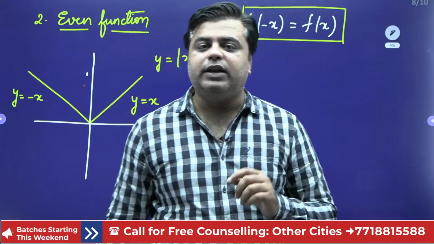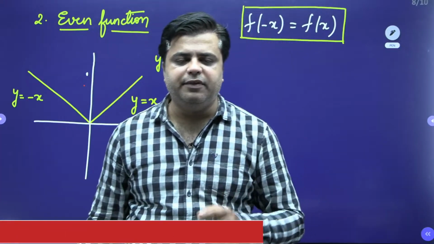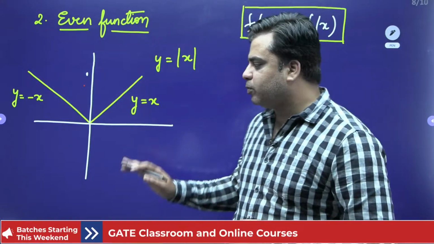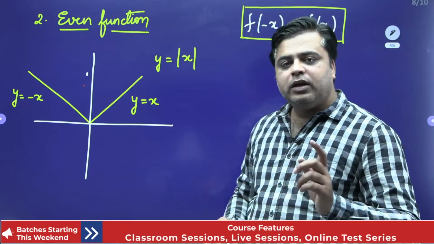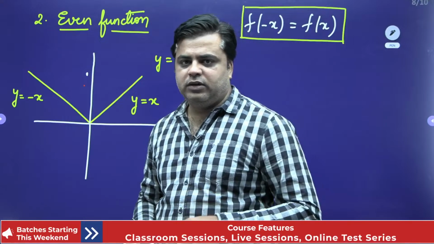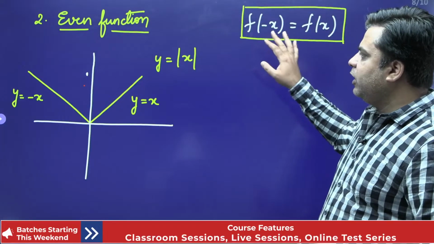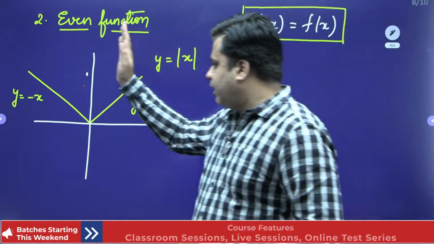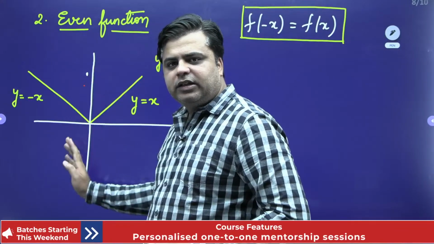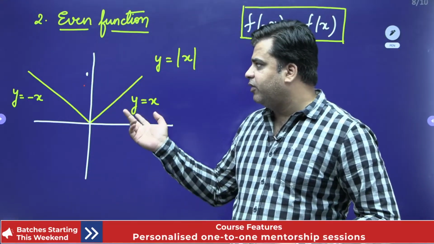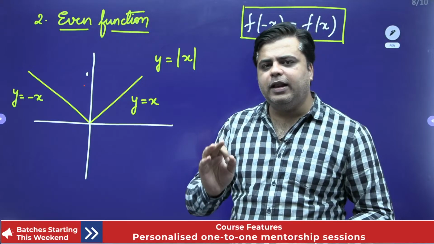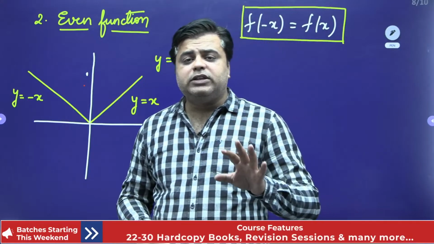Most of the students have this confusion about how to define even and odd functions. So I think this problem is also rectified. Either you check mathematically for an even function, or you check by placing the mirror. And I guess this kind of interrelation between even and odd functions can help you define the function very easily.